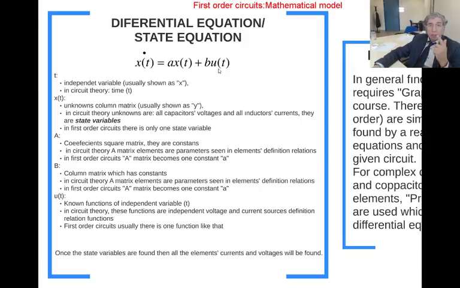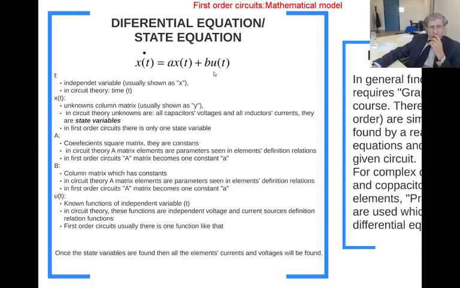If it is an independent current source in the circuit, then the independent current source current will be seen there. There could be more than one independent voltage source and independent current source. For those, whatever is known in the definition relation for these independent sources, these functions are going to be the same here. So these functions are known functions.